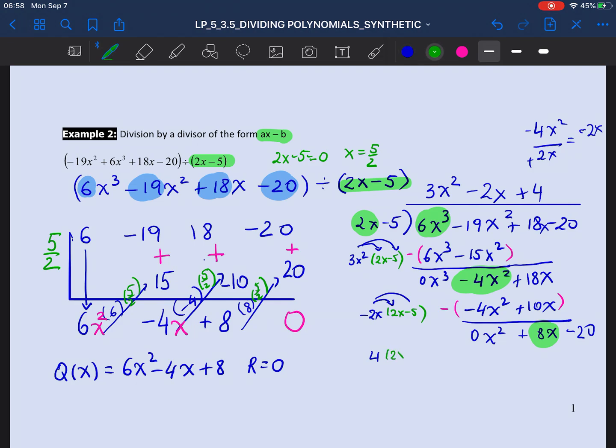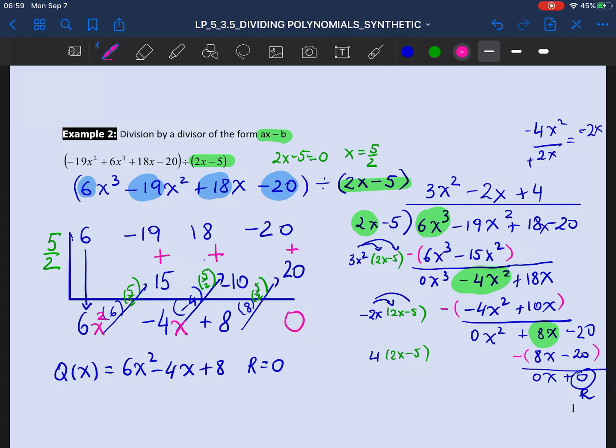Then 4 times 2x minus 5 would equal 8x minus 20. Subtract. And we get 0x plus 0. And that would be our remainder here, 0.